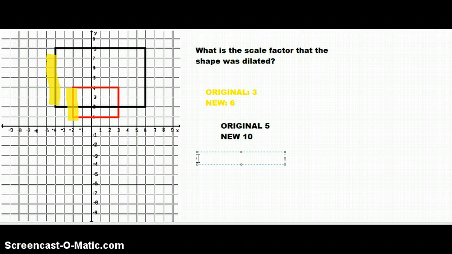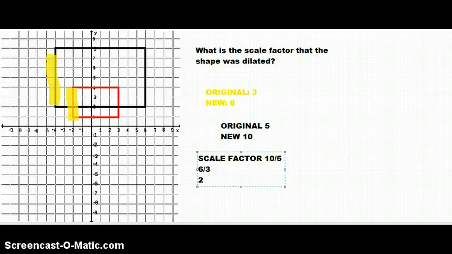So we can say this has a scale factor of 10 over 5 or 6 over 3. Both of those equal 2. And it's important to remember this has a scale factor of 2 and it got bigger.